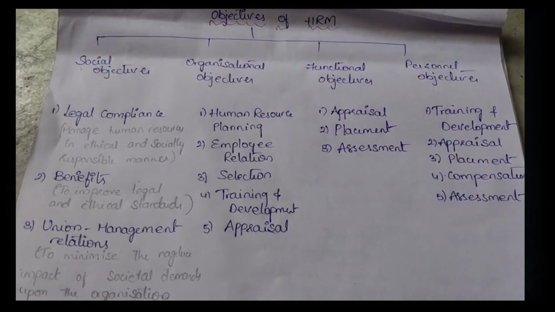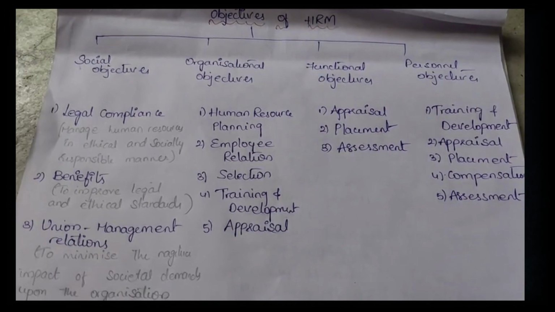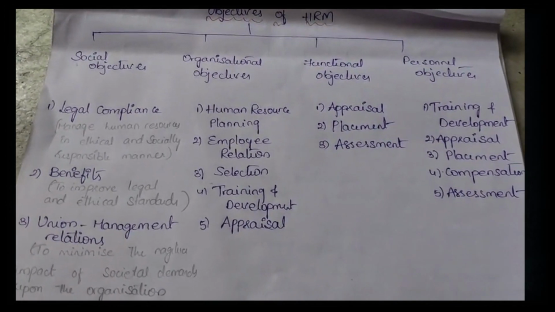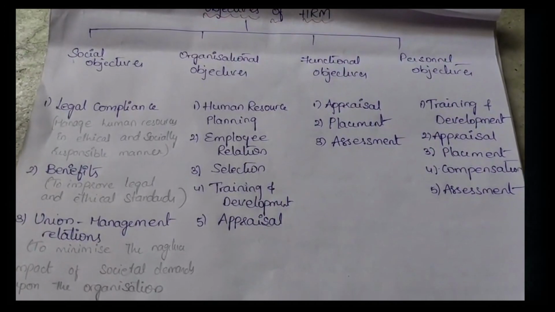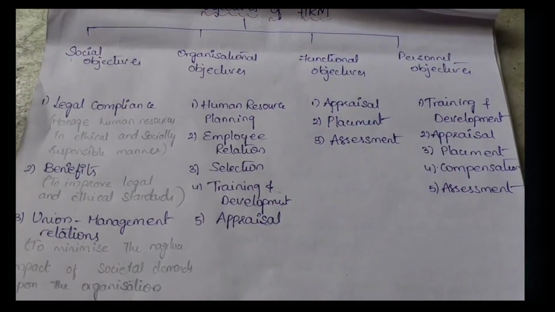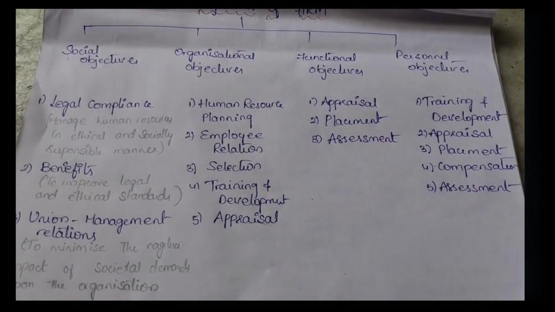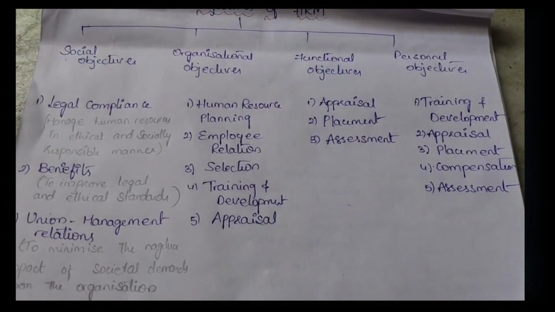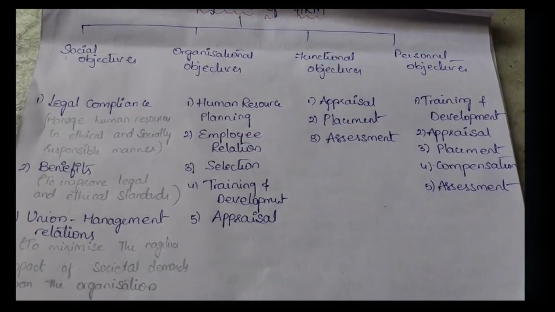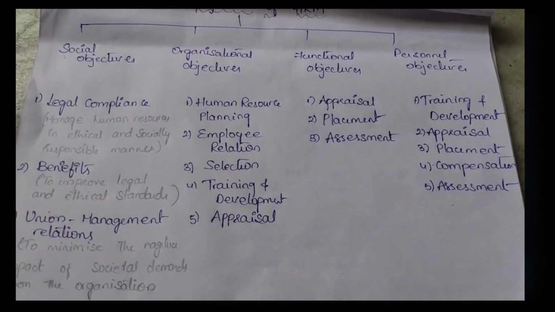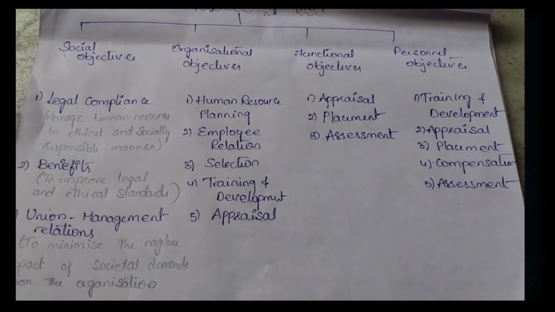Next, second objective is organizational objectives. In these organizational objectives, first point is human resource planning, second employee relation, third selection, fourth training and development, fifth appraisal. You must have heard all these words. You can explain simply in your examination.